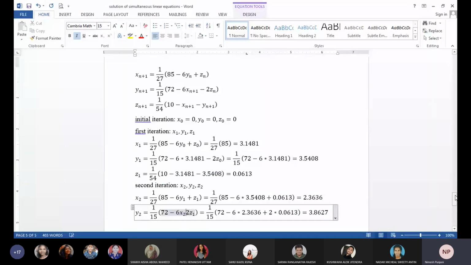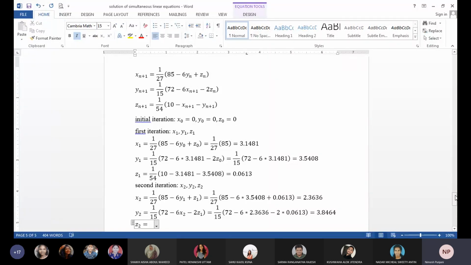Okay, to make this correction in the formula of your yn+1, so this will change now. 3.8464. I hope the correction is clear to everyone. In the formula of yn+1 you take minus 2zn.